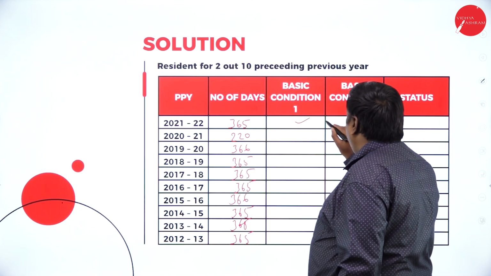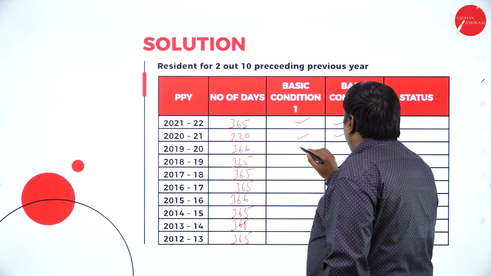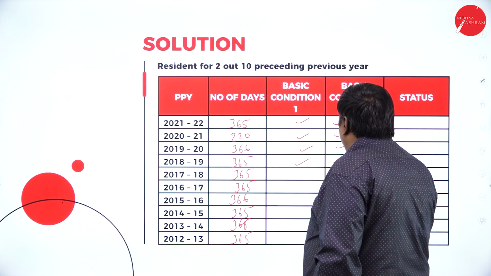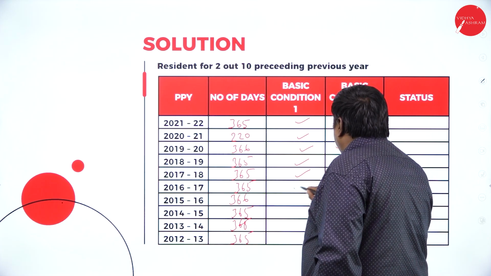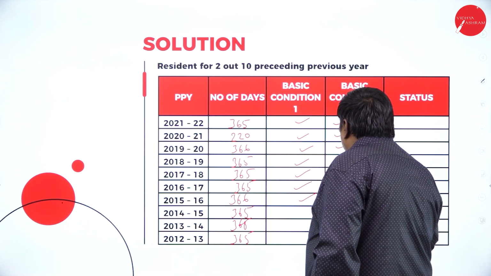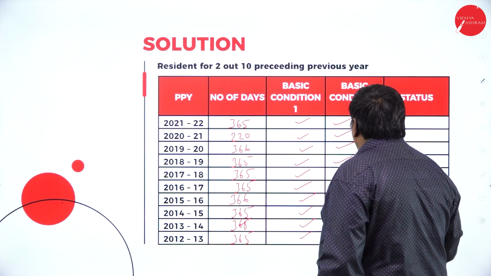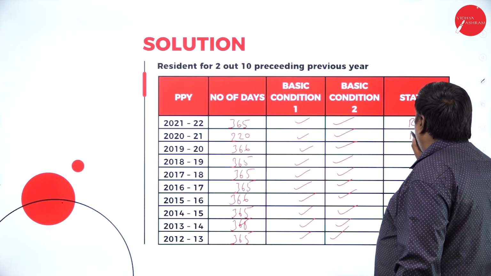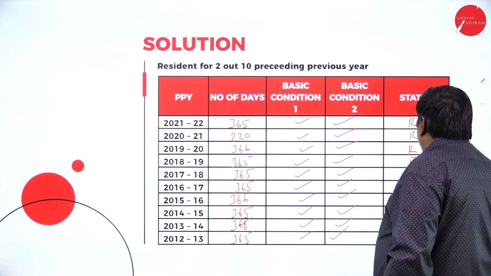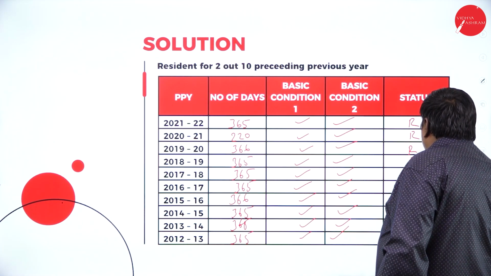I've satisfied both the basic conditions by staying 365 days, 366 days or 220 days during my 10 preceding previous years. So my status will be resident in all the 10 preceding previous years.